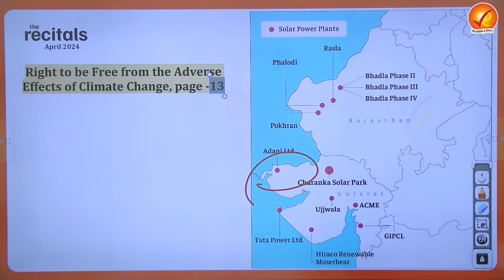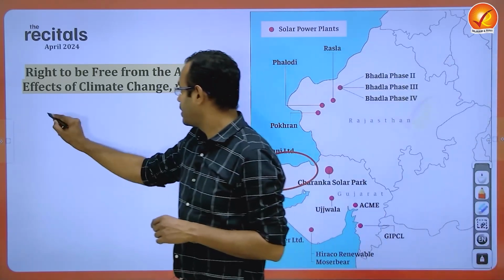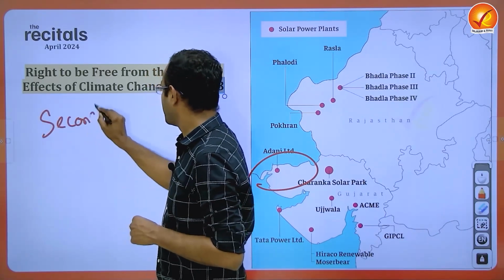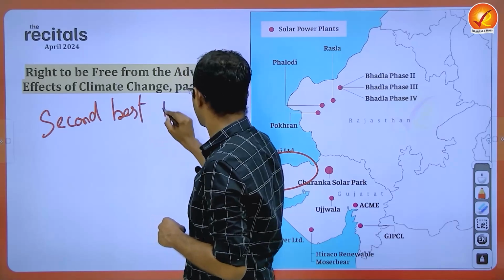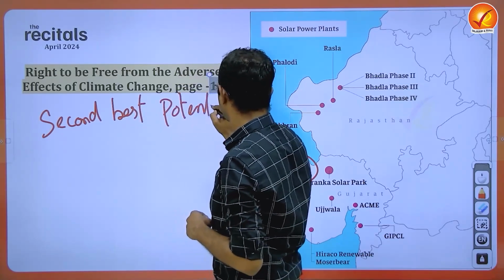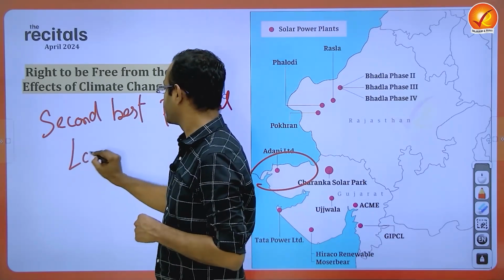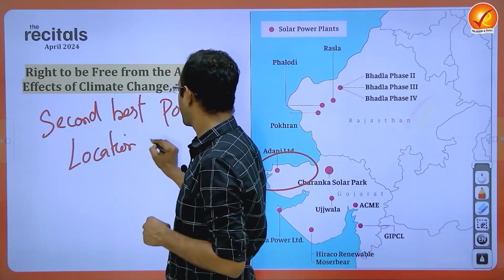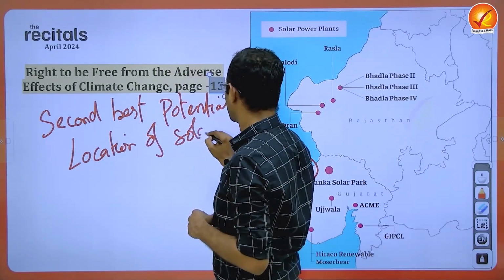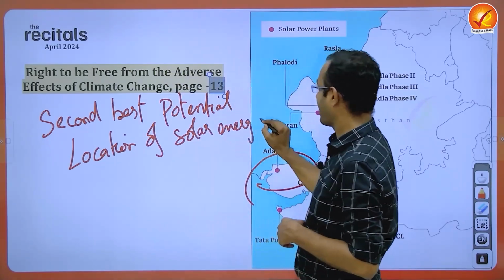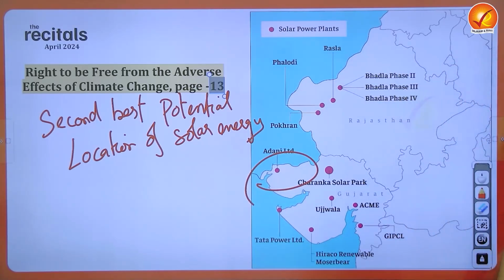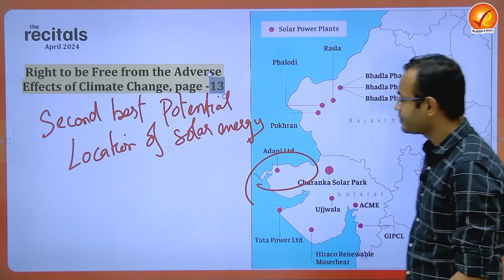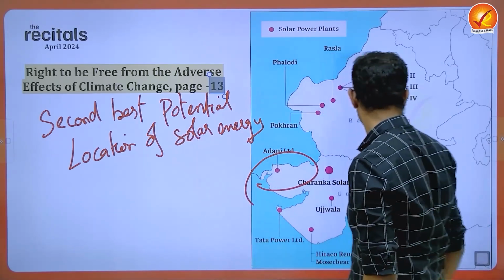So, Kutch is the second best potential location for production of solar energy in India, because of incoming solar radiation. The highest one is Ladakh, the second one is this, right.